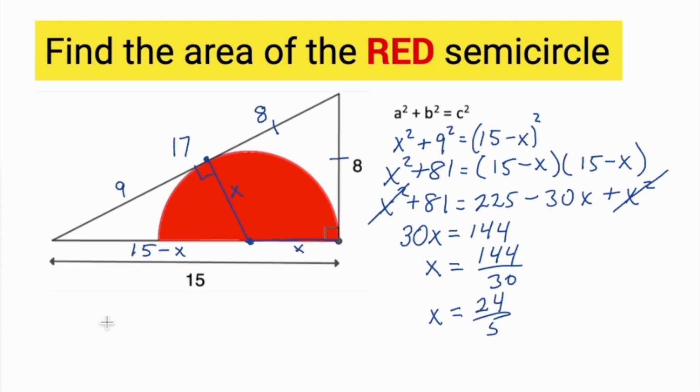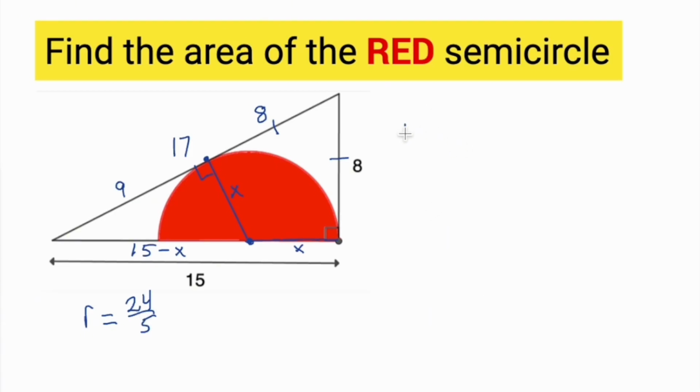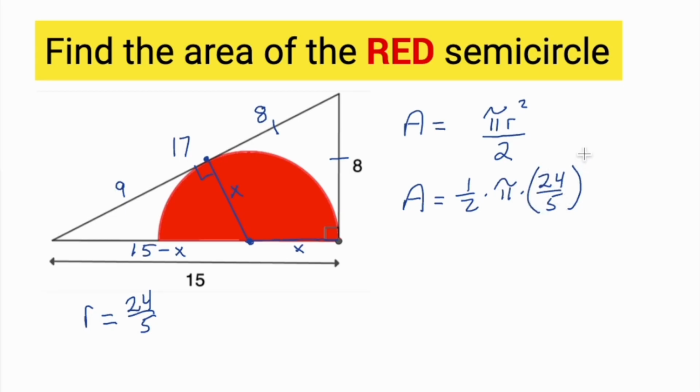Okay, so that's an important number. I'm going to move that right over here. So I cleaned it up, and I'm going to now write the area formula for a circle, which is pi r squared. But we don't have a full circle, we have a half a circle, so I'm going to divide it by 2, which is the same as multiplying by 1/2. So after I plug my values in, now all I have to do is simplify this expression.